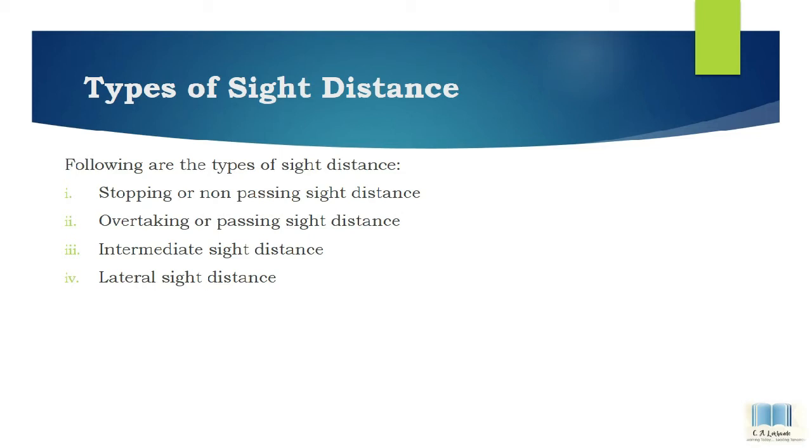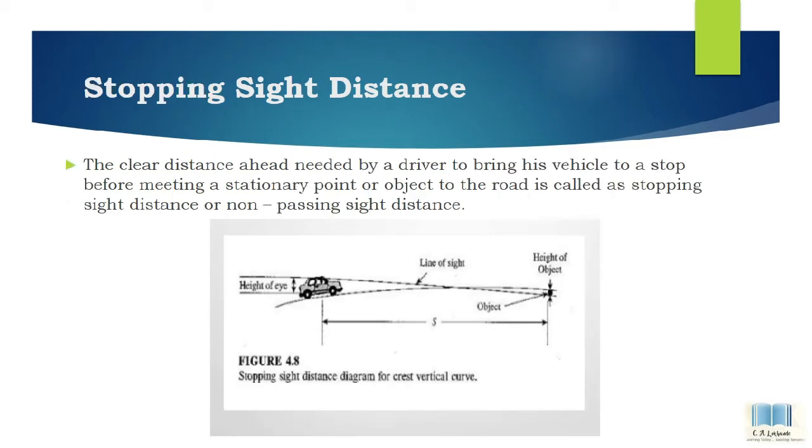The first type of sight distance is stopping sight distance. The clear distance ahead needed by a driver to bring his vehicle to a stop before meeting a stationary point or object on the road is called stopping sight distance or non-passing sight distance.